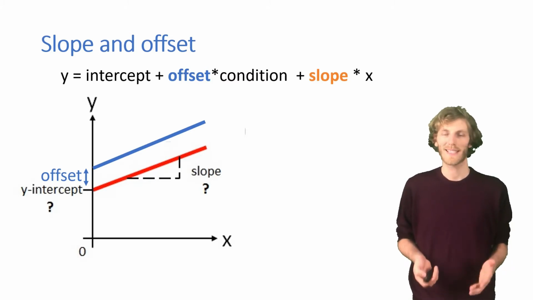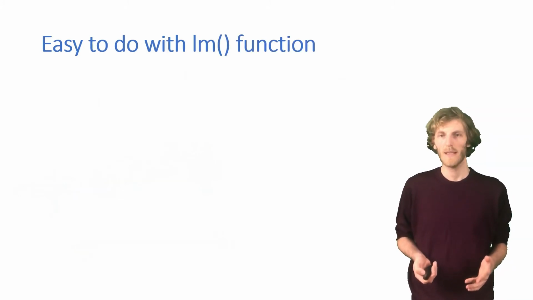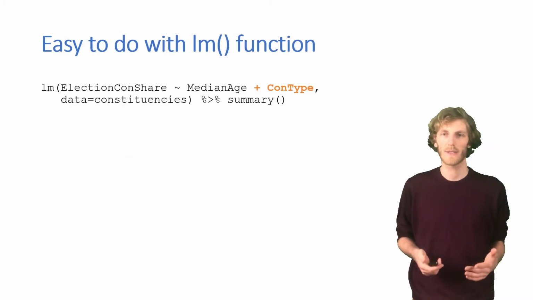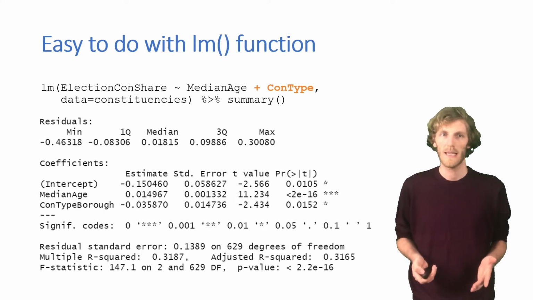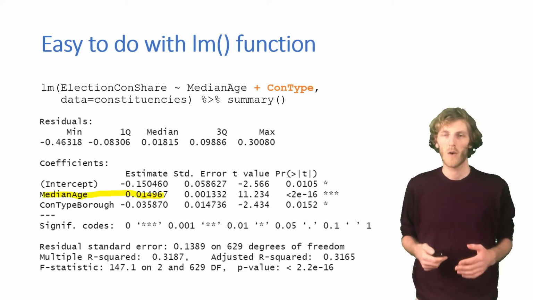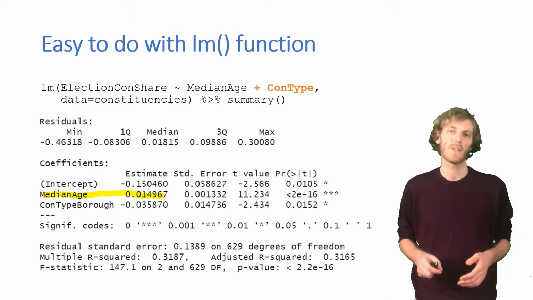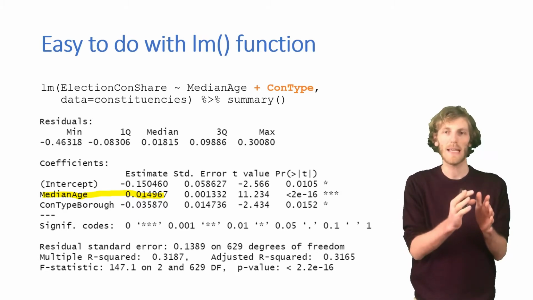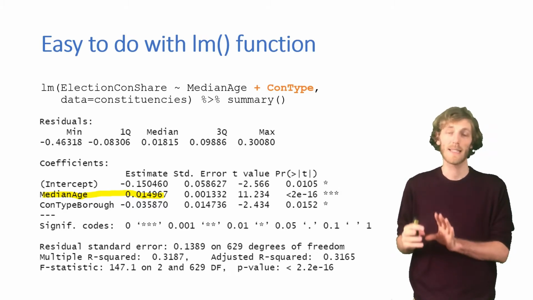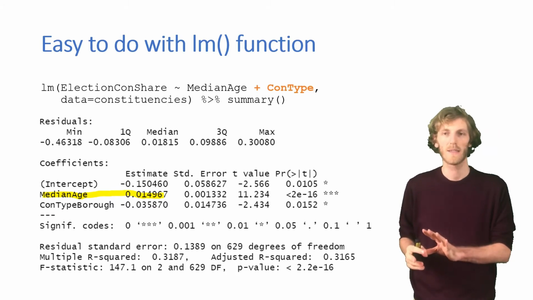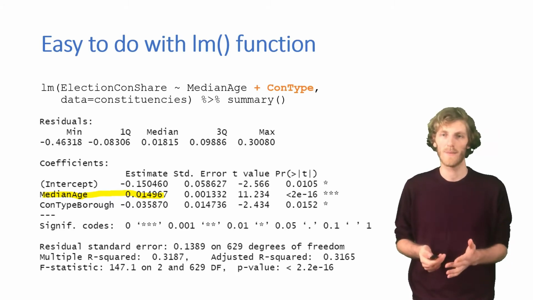We can easily get that extra piece of information with the LM function by adding the constituency type to the formula. Then in the model output, we again get an estimate of the impact of age. But this is now the impact of age, keeping constituency type constant. So you might notice that it's a little bit lower than it was before.